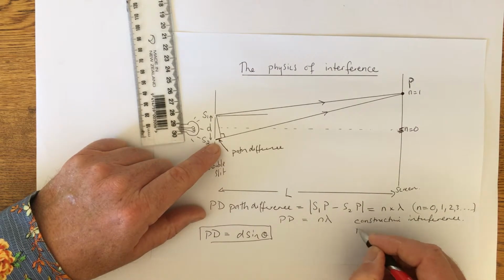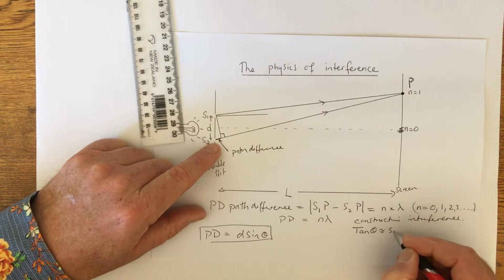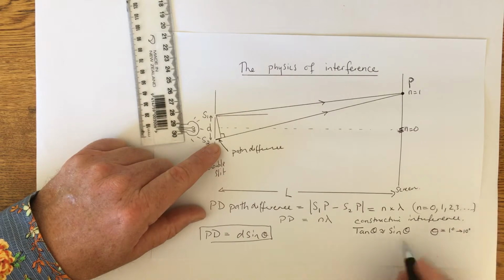And we also know that the tan of theta is very similar to the sine of theta, because the angles are very small. If you were to take an angle from 1 degree to 10 degrees, the sine of it is very similar to the tan of that same angle.